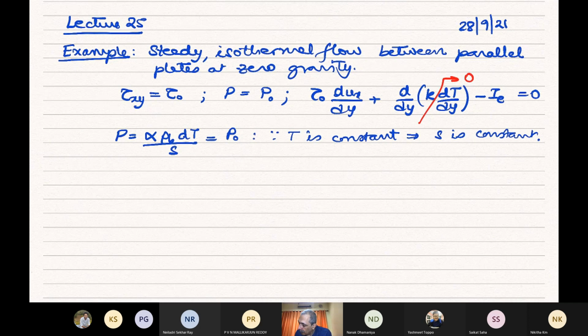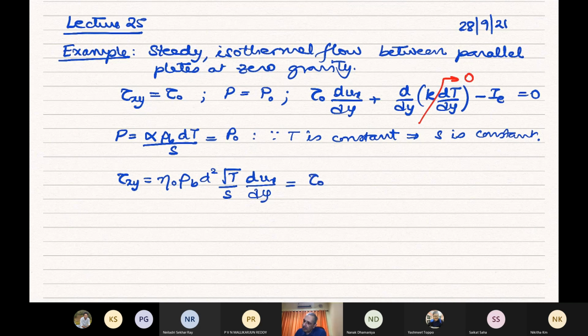And we also know from the stress constitutive equation, if we substitute for the viscosity, this is eta 0 rho b d squared into square root of T by S into dux by dy is equal to tau 0.